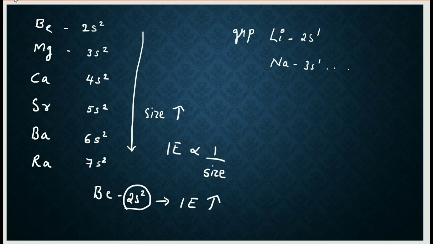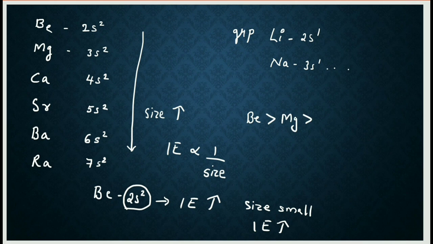We need more energy to remove an electron from the 2s2 subshell. So ionization enthalpy is greater for beryllium since its size is small. The ionization enthalpy order is: beryllium has the greatest, then magnesium, then calcium, then strontium and barium.